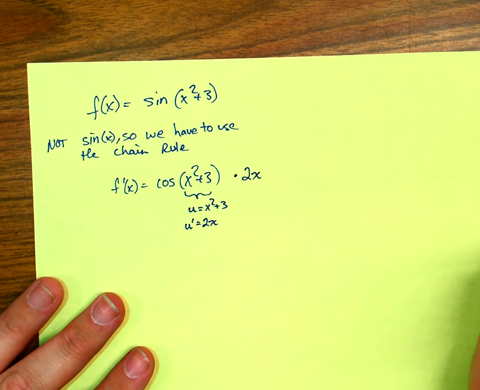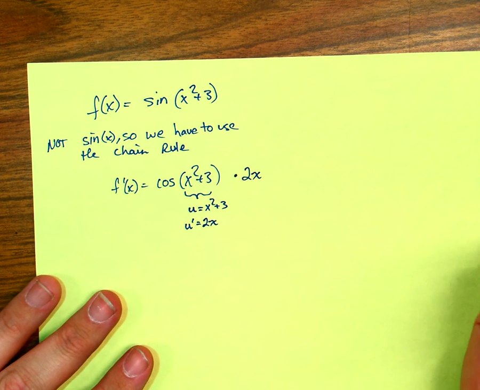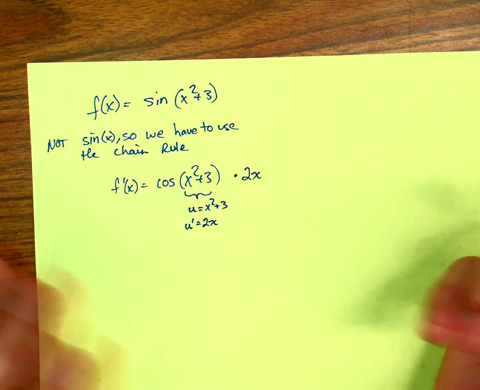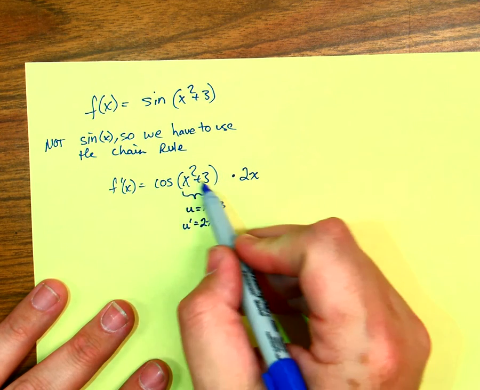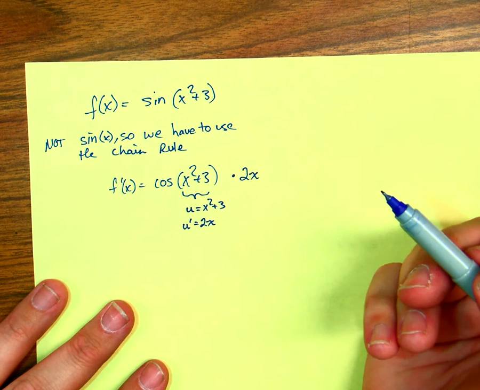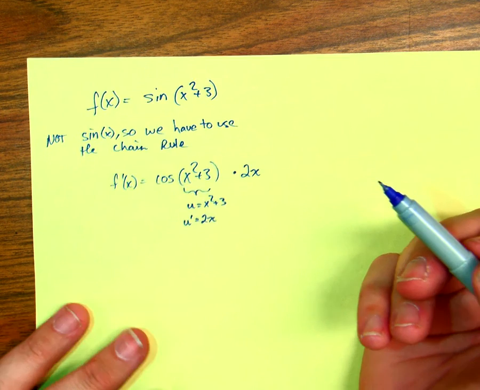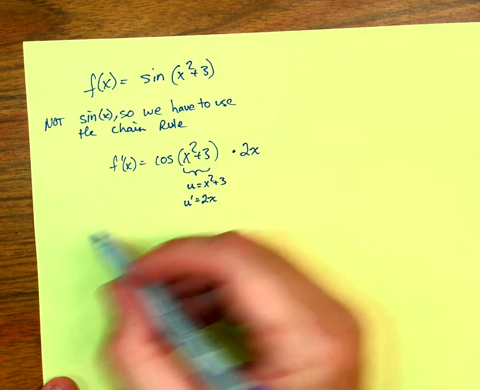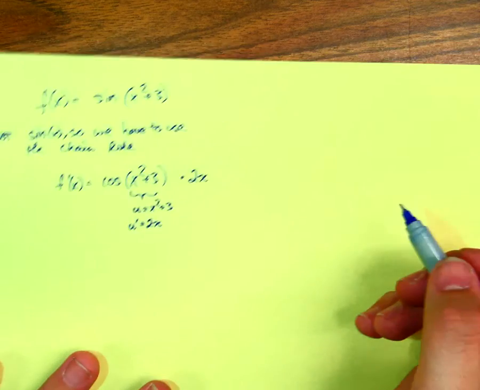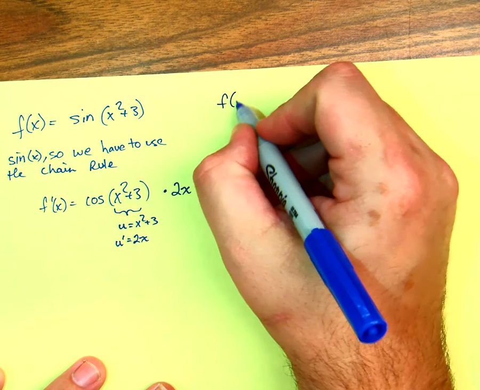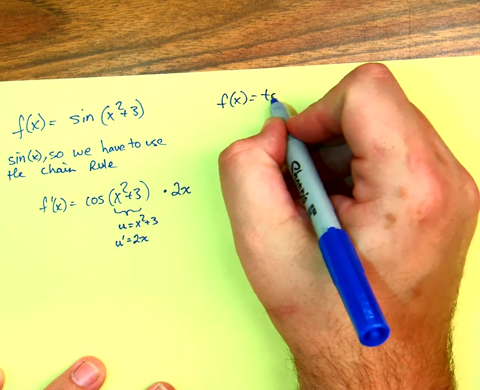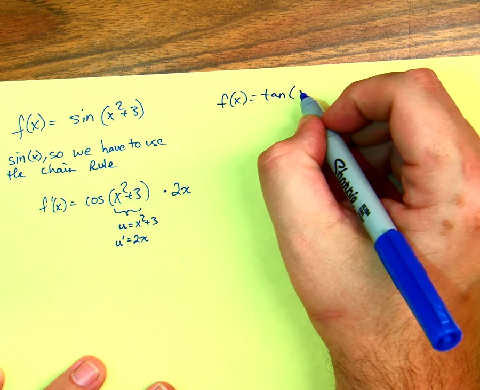The first function is the cosine. The inside function is x squared plus 3. So you have a composite function in that case. Now, let's say we have f of x is equal to the tangent of, let's see, 5x.